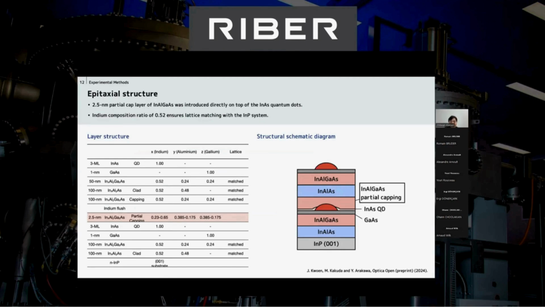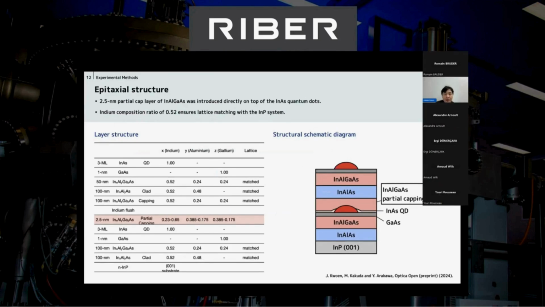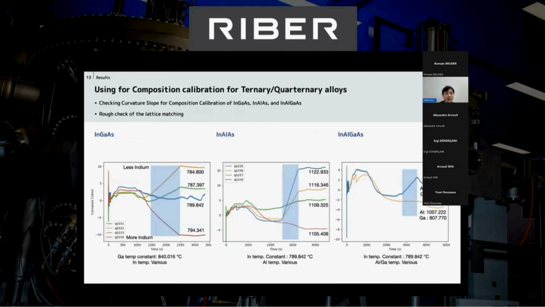Between the quantum dot and indium phosphide substrate, we grow the ternary and the quaternary indium aluminum arsenide and indium aluminum gallium arsenide alloys. We use the EZ-Curve for the composition calibration for these ternary and quaternary alloys.